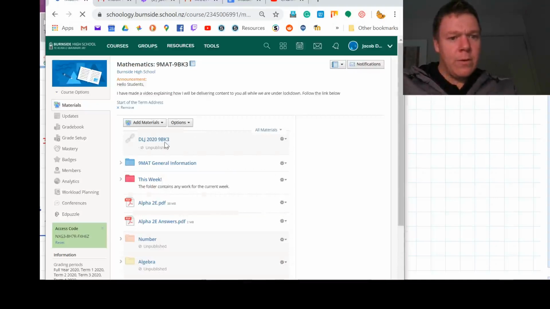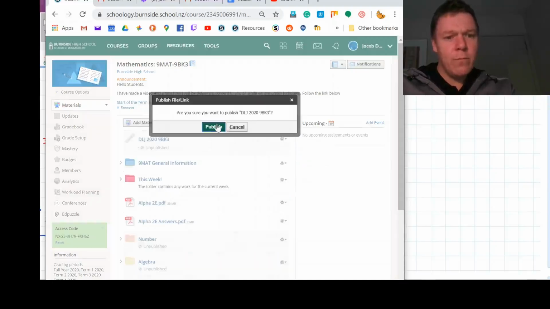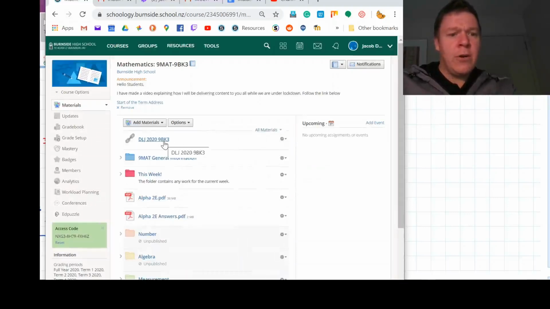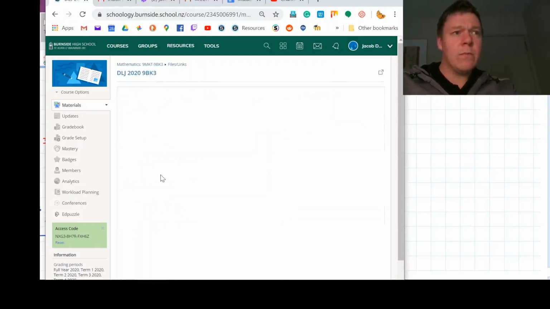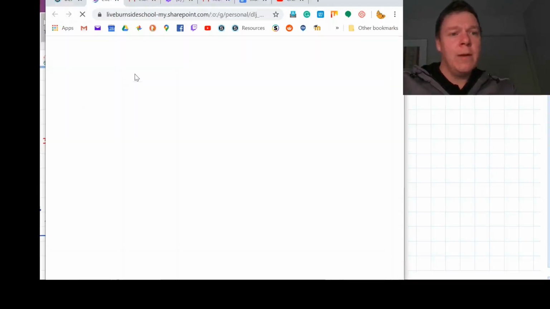So I'm going to republish the OneNote. If you click into the OneNote, you've got to know that some files don't open within Schoology, and when that's the case, you need to click the title of the thing, and it'll open it in a tab.